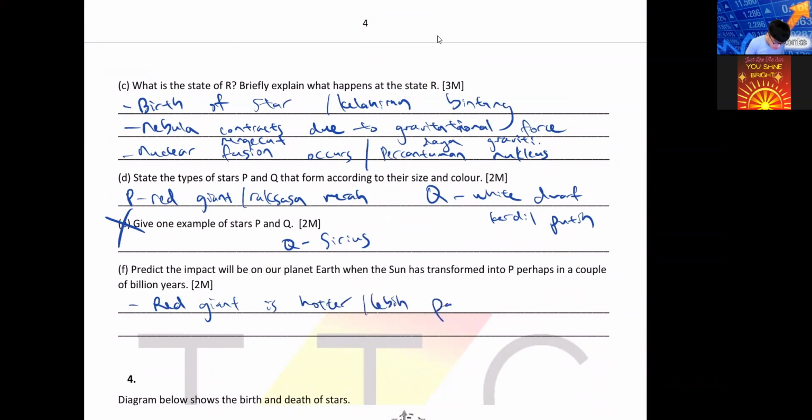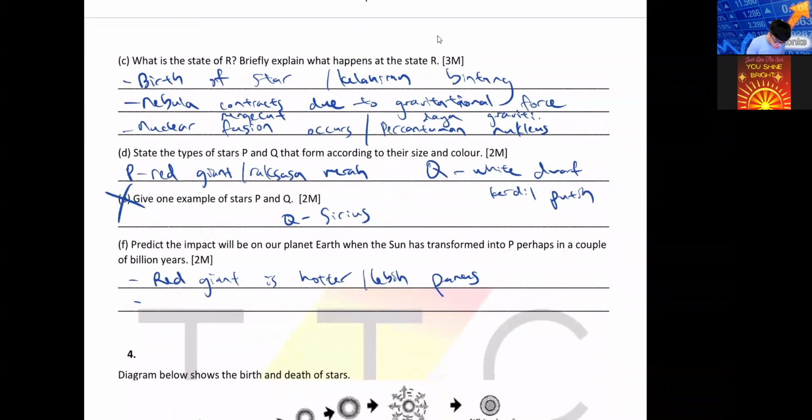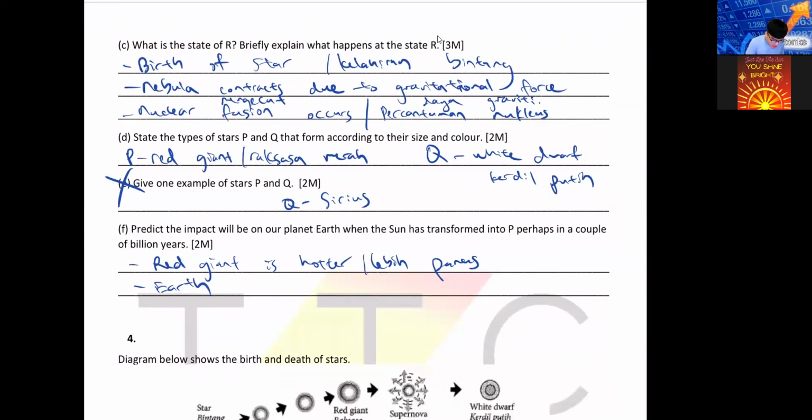Lebih panas. This one is a very open-ended answer. You can say the Earth heats up, water evaporates. Bumi memanas, air menyejat. Basically we all die.